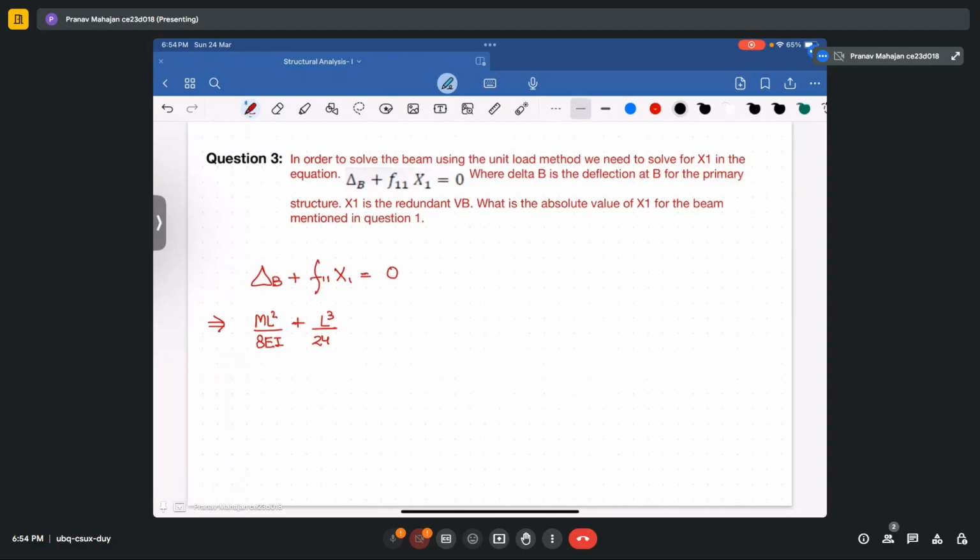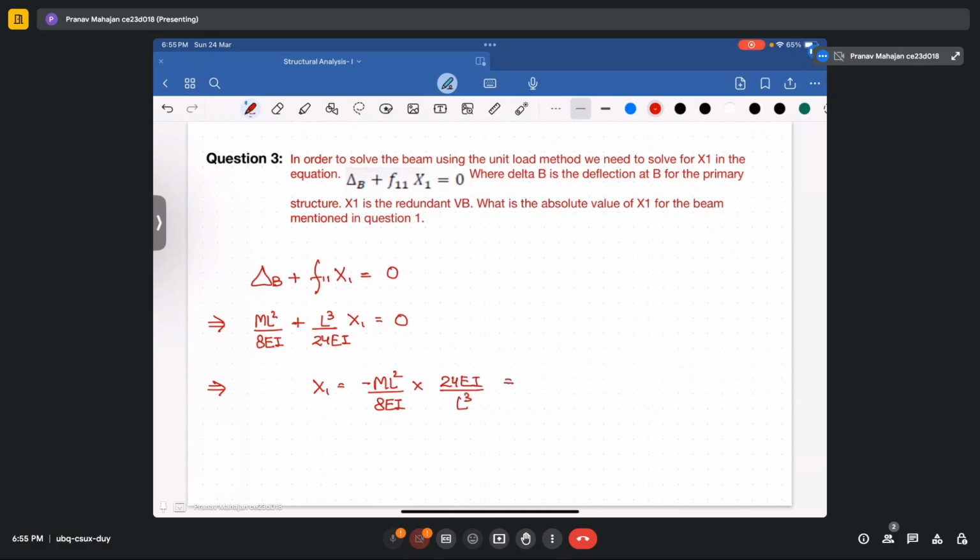So this will be your F11. Now this will be L cube upon 24 EI into H1 equal to 0. So now your H1 will be equal to minus ML square upon 8 EI into 24 EI upon L cube.